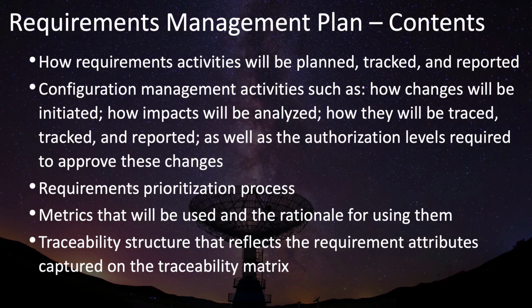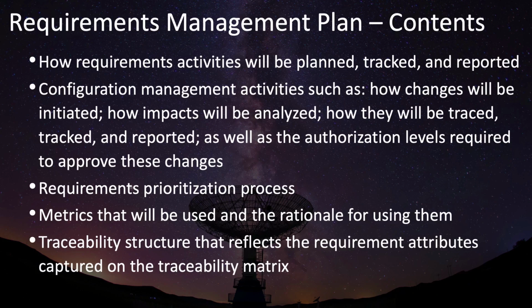The plan should also include how you're going to prioritize the requirements. It may be requirements that are must-haves, nice-to-haves, or any other sort of prioritization process. Whatever you decide to use should be documented here in the requirements management plan.